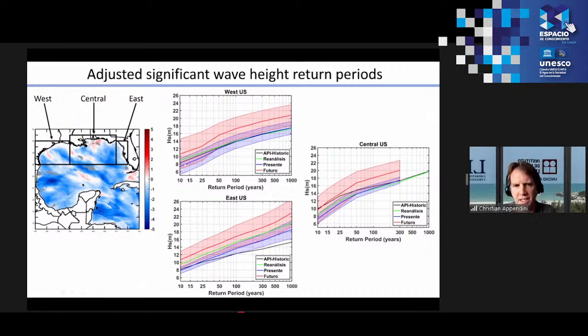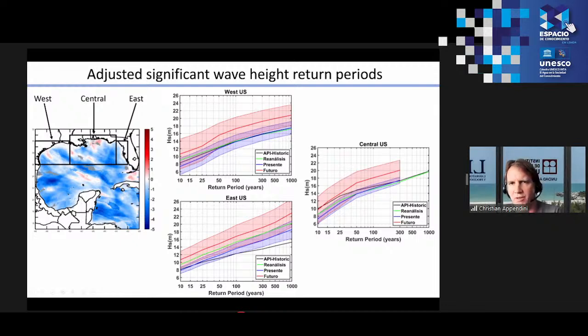The synthetic events derived from the reanalysis are in green, then in blue is the present climate, and in red the future climate, where the solid line is the mean of the ensemble. And we can see the uncertainty in the ensemble.